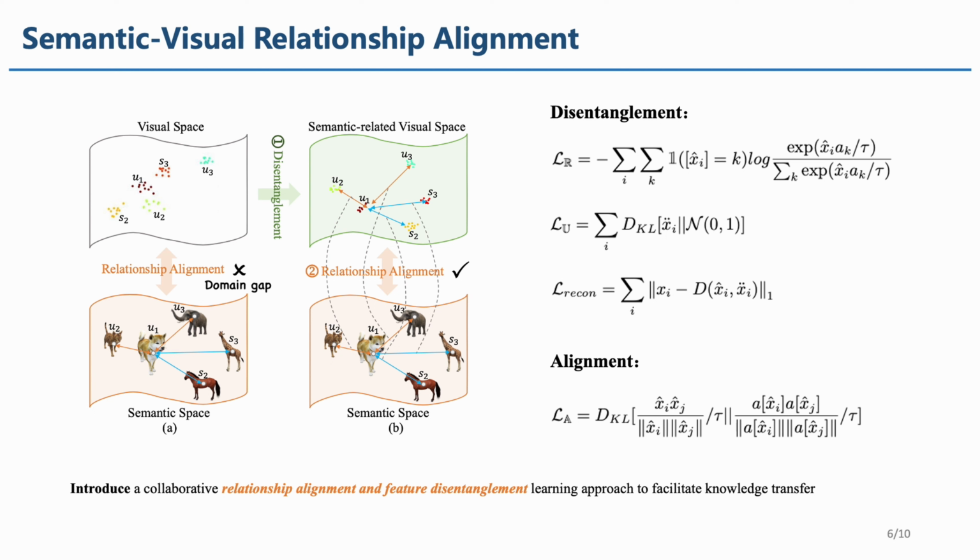Next, we designed a module for relationship alignment and feature decoupling. For the generated unknown classes, we wanted to provide them with more useful supervision, such as the relationships between semantics. In other words, objects that are semantically close in the semantic space should also be close in the visual space and have similar distributions.